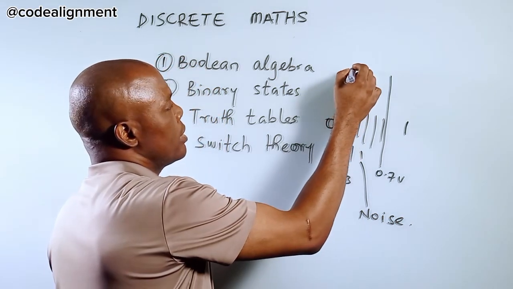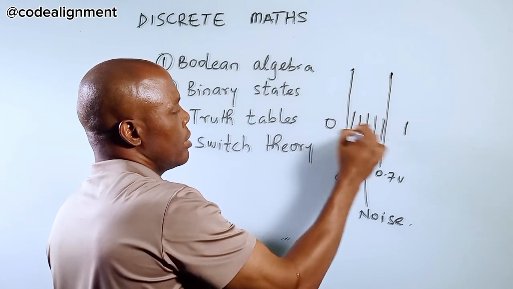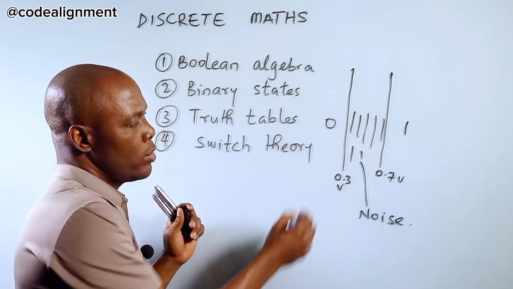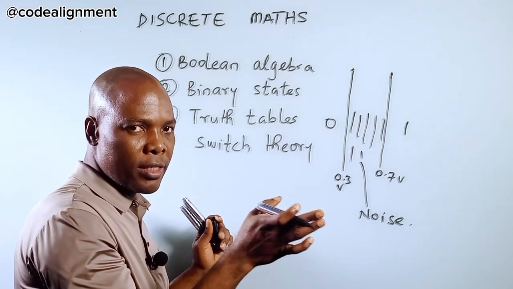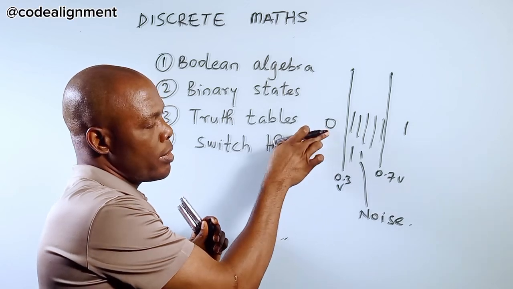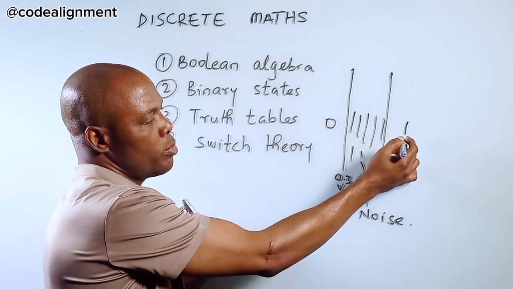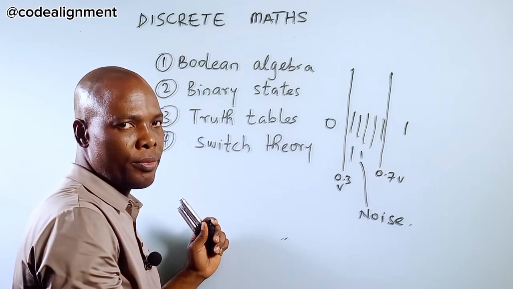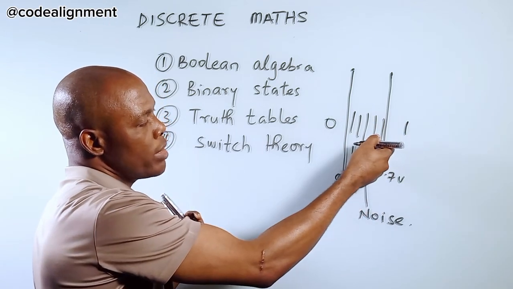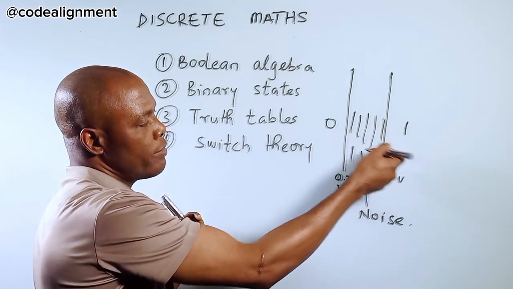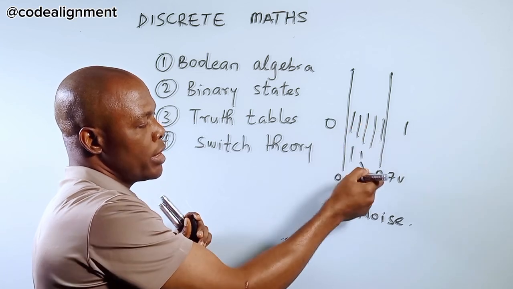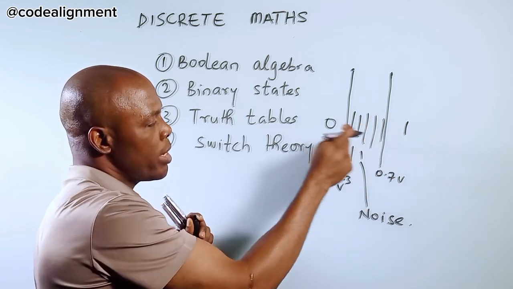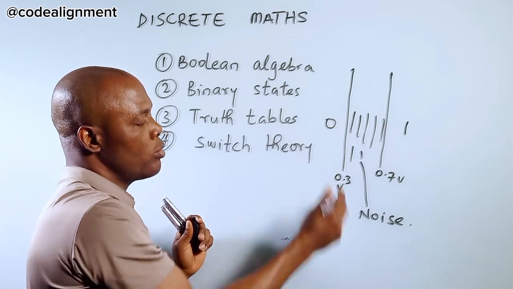So this is the threshold. Once voltage is rising from 0 and it gets to 0.7, the transistor will switch to 1. When the voltage is coming down, it crosses this 0.7 until it gets to 0.3. It will still remain as 1. Then when it crosses 0.3, it will become what?